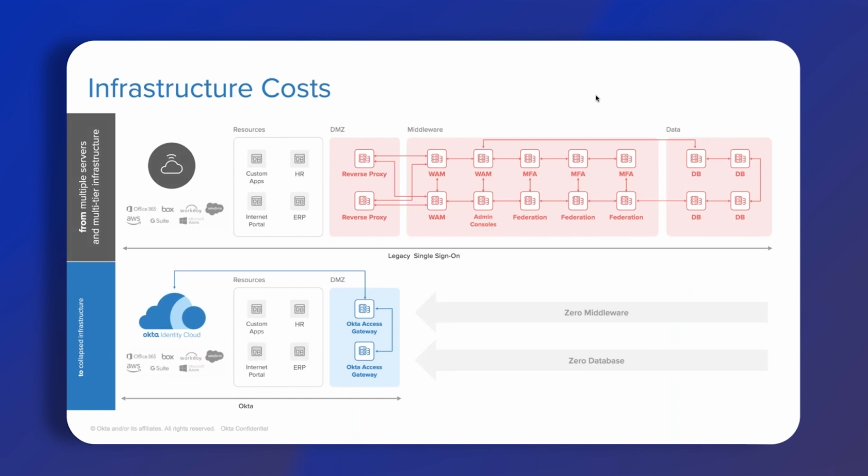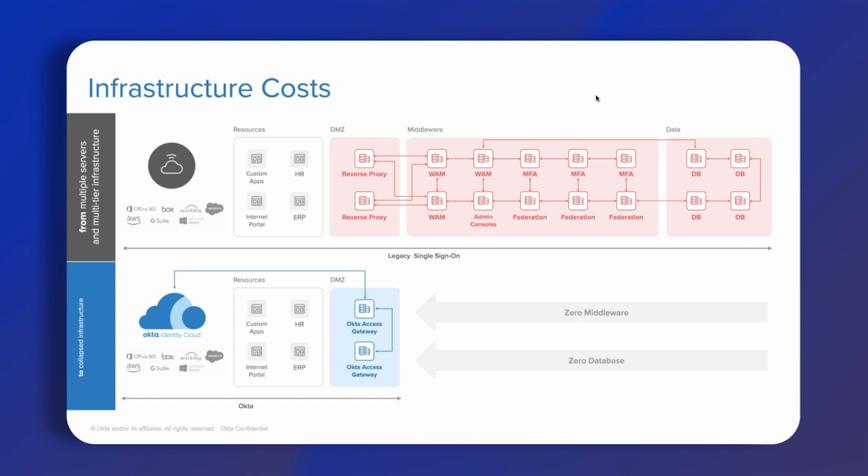So the traditional approach to integrating with on-premise applications, whether you're using a cloud-based identity service or one that you run on-premise yourself, is that often you'll use proxies and WAMs, using that with your middleware, and then of course accessing the databases on the back end to deliver that basic infrastructure.